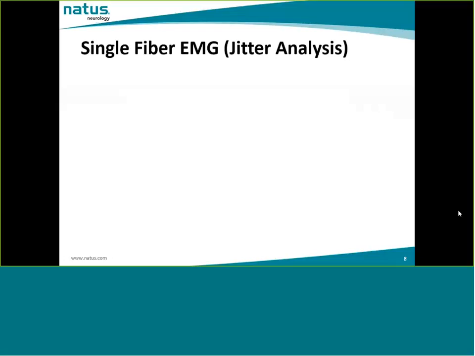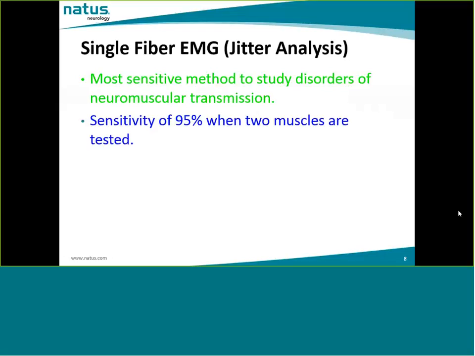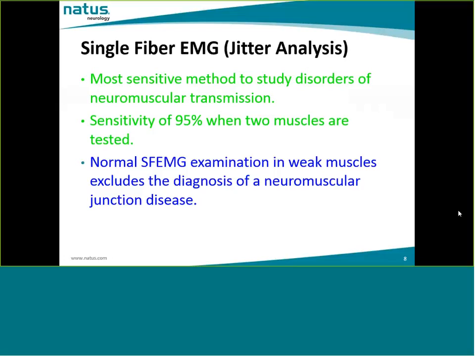Single fiber EMG is the most sensitive method to study disorders of neuromuscular transmission. It has a sensitivity of 95% when two muscles are tested. A normal single fiber EMG examination in a weak muscle excludes the diagnosis of a neuromuscular junction disease.